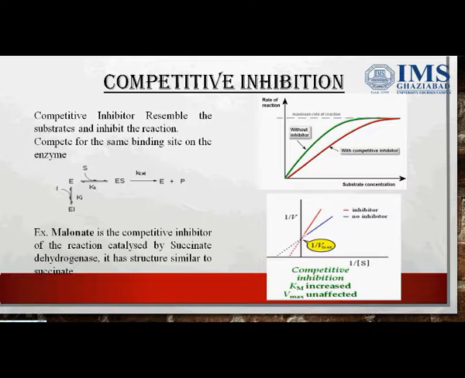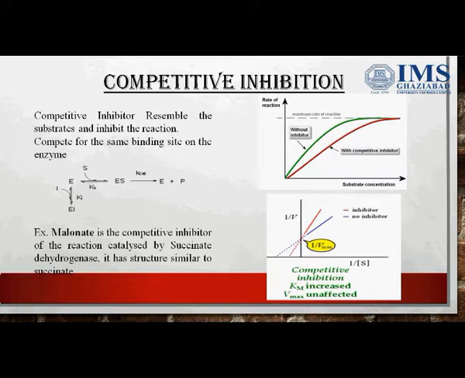Since the substrate and inhibitor are competing for the same site, the effect of a competitive inhibitor will depend upon the inhibitor concentration, substrate concentration and relative affinity of substrate and inhibitor for the enzyme.